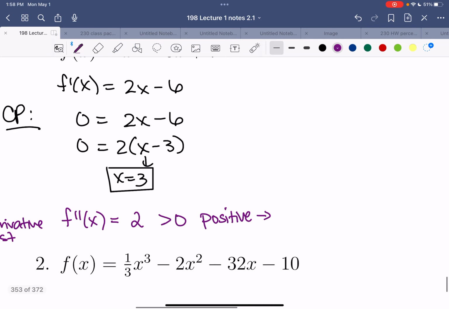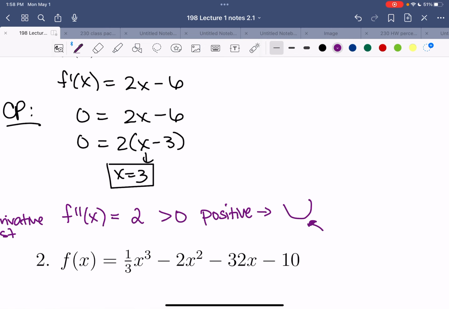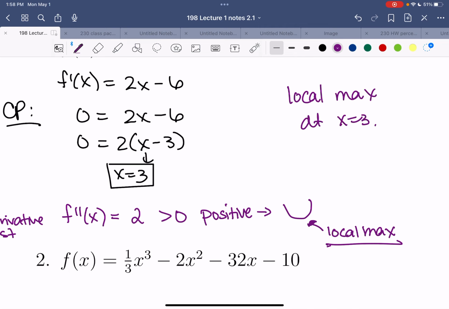We know that when the second derivative is positive, that means our function is concave up. So my critical point must be the local min right there at the bottom. We would say there's a local min at x equals 3.